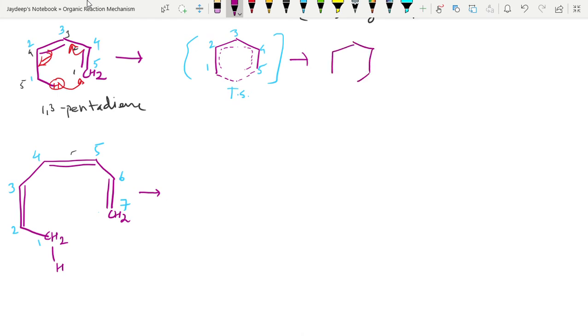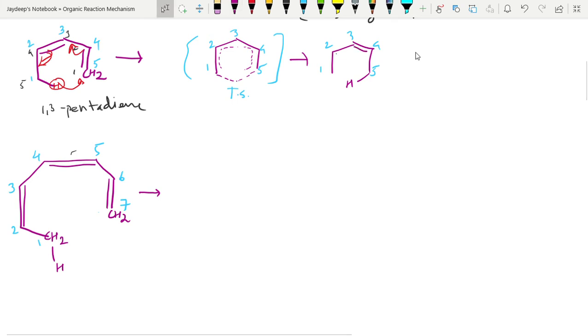The numbering is 1, 2, 3, 4, 5, and now this is hydrogen. You can see that in the reactant, the hydrogen is shifted from position 1 to position 5, and the bond between 4 and 5 is shifted to 3 and 4.